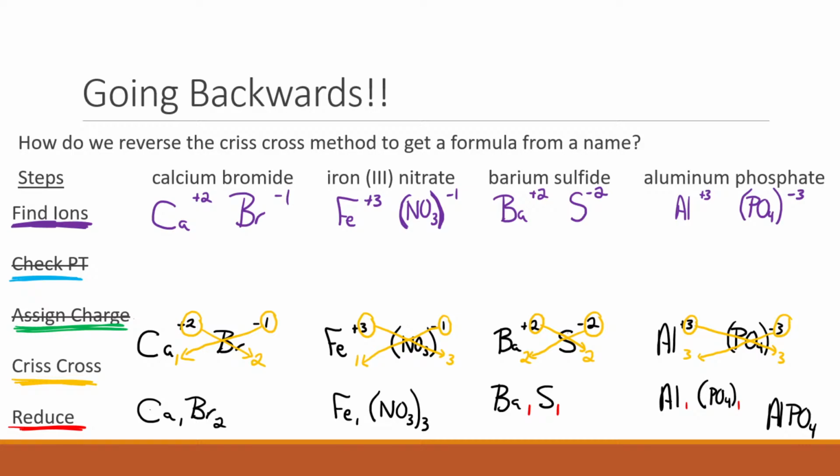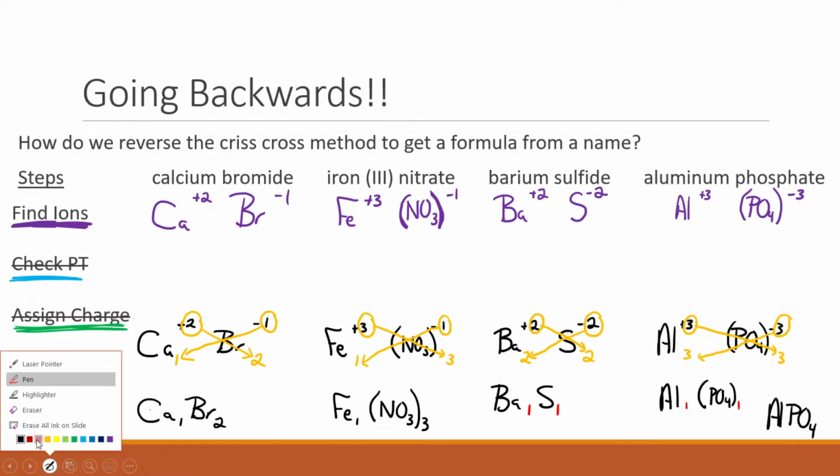And so for a lot of those compounds that we looked at already with polyatomic ions that don't start with parentheses, the ones where we have to find the polyatomic ion and then put it in parentheses during our assign 1's step when we're doing the reverse, it's because of this reduction. When we reduce down and we have 1's that we don't need to write, these parentheses also become optional.